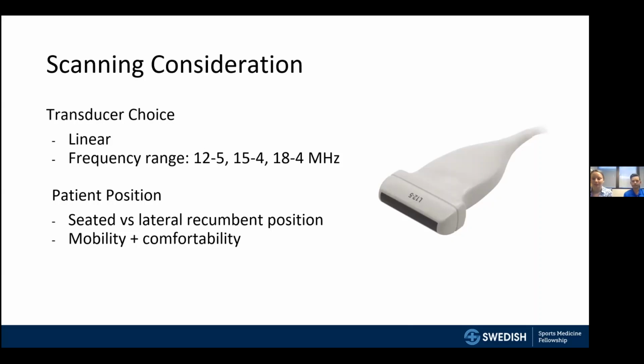When we have the patient seated on the stool, we stand behind the patient, and we're easily able to label our images as well as compare side to side, as opposed to having them lying down on the table, where it's a little more difficult to have them roll from side to side to look at both shoulders. Obviously, if anyone has any other suggestions, we're open to hear that at the end. But basically, we like this style for ergonomics, patient comfortability, as well as the ease of mobility for positioning.